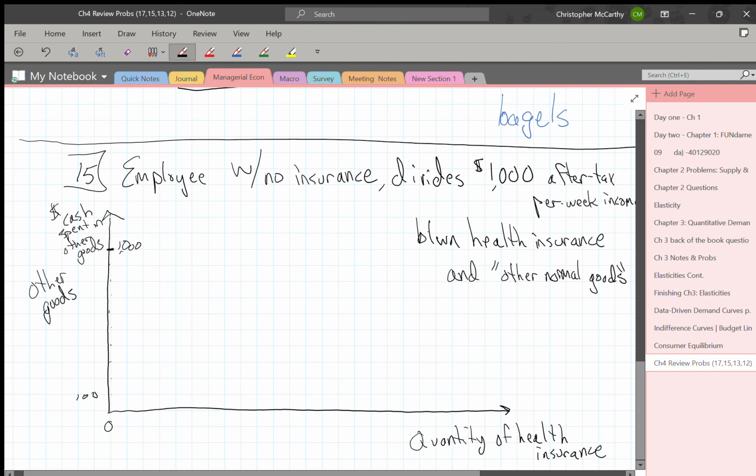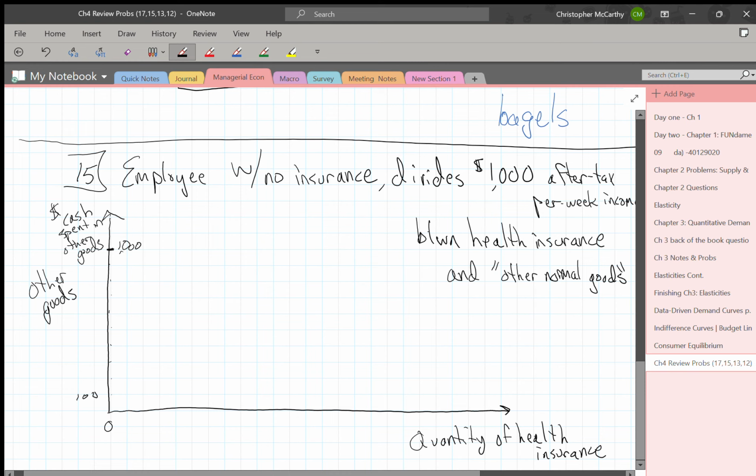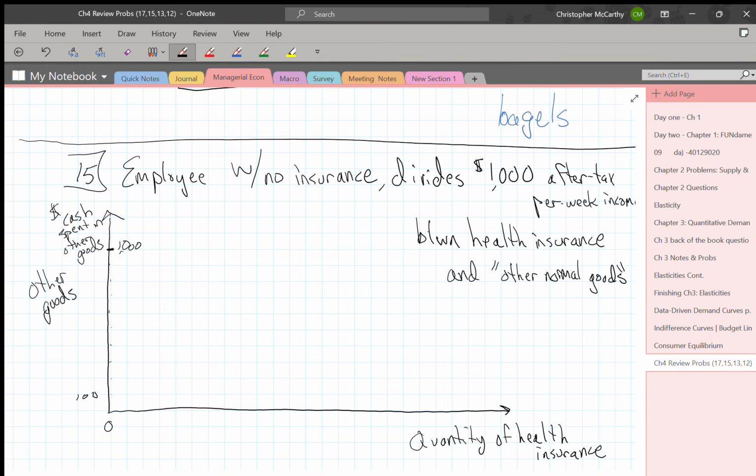Or, it's kind of silly to think about, but what if they just maxed out on insurance? How many times could they get insurance? We're given some amount of that. We're told that insurance is $200 per week.